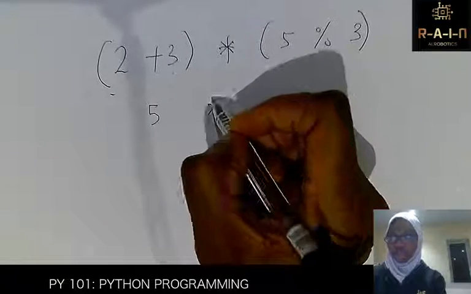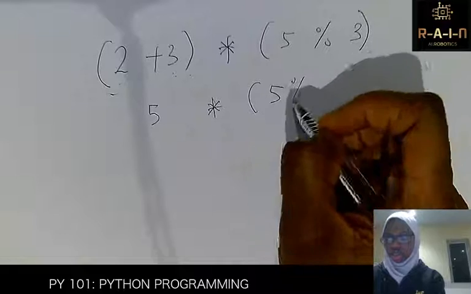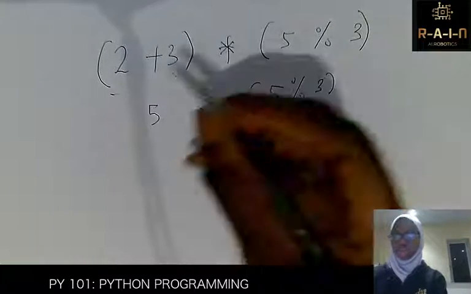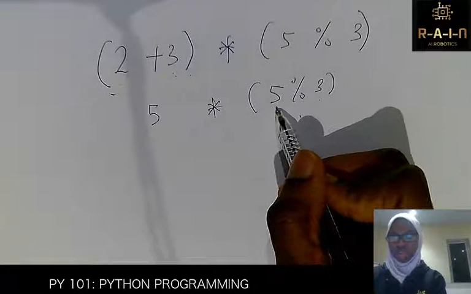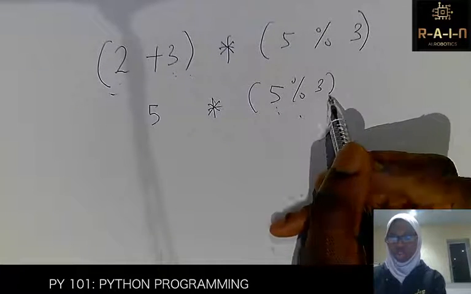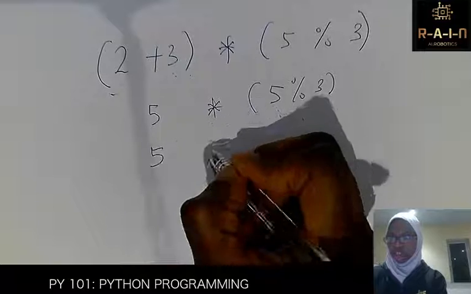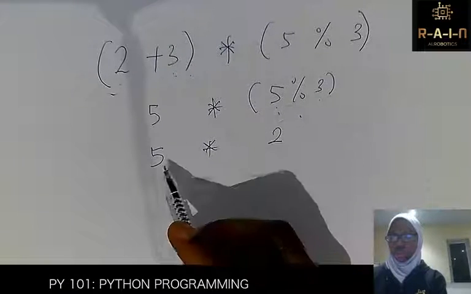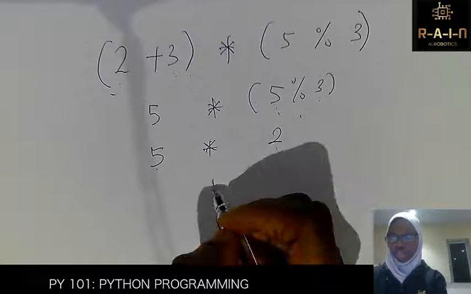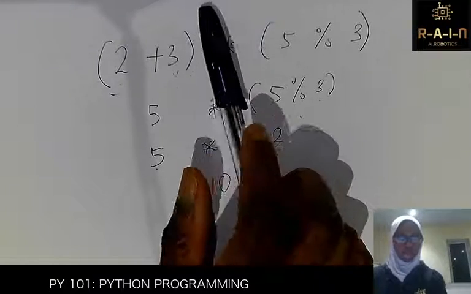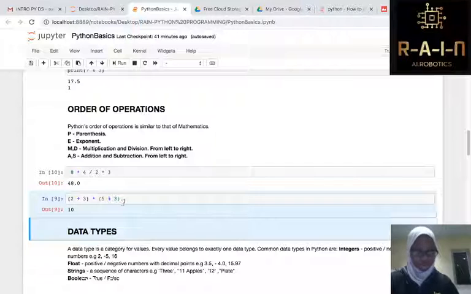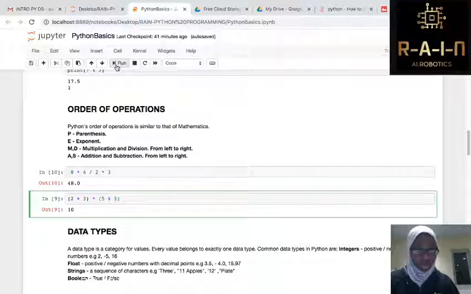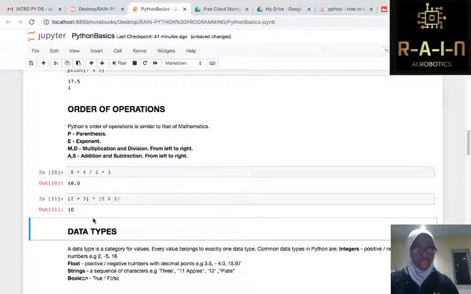So it has times the next parenthesis. So it's going to move on to 5 modulus 3. When you divide 5 by 3, you have a remainder of 2. So it's going to give us 5 times 2. And we know 5 times 2 is going to give us 10. So when we execute that line, we are going to have 10.